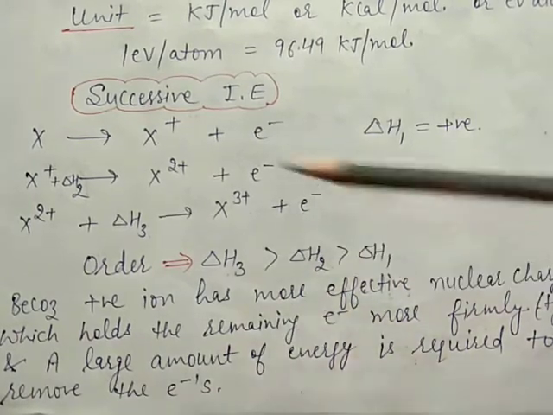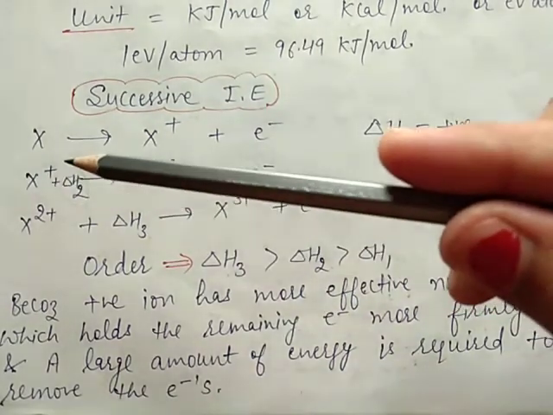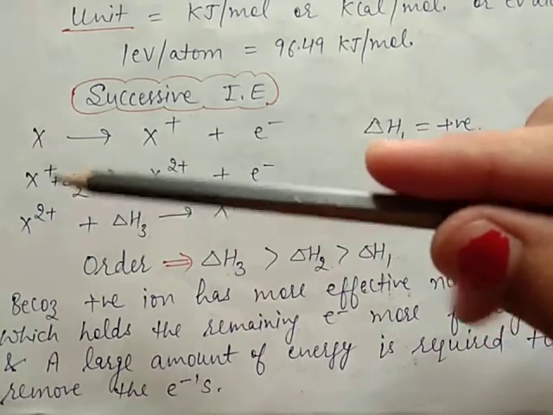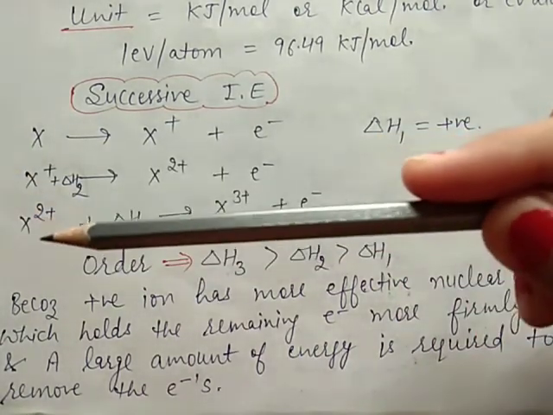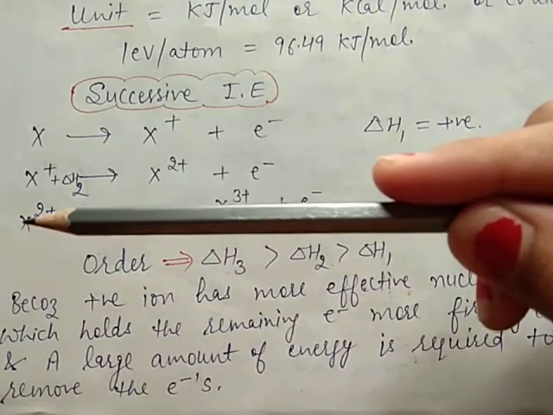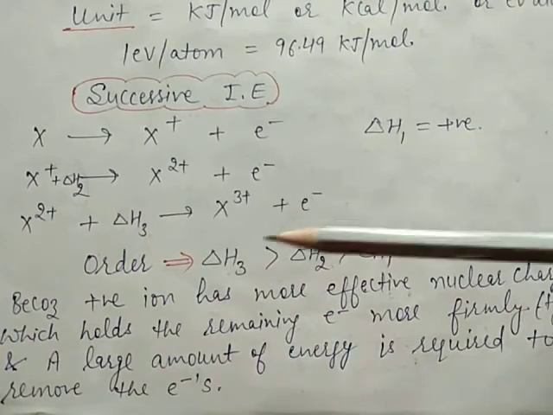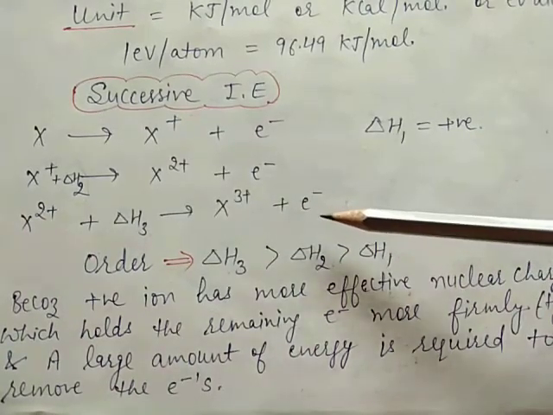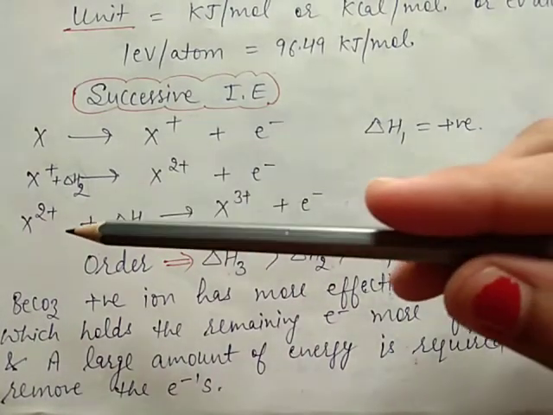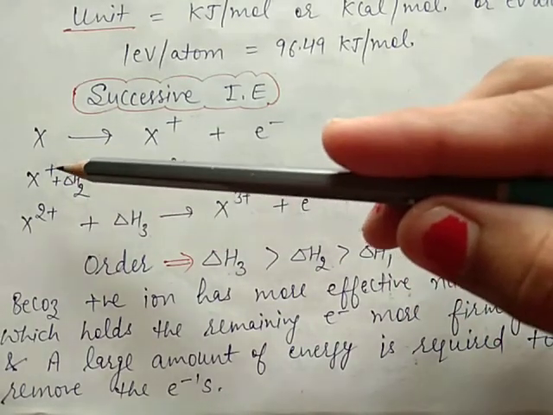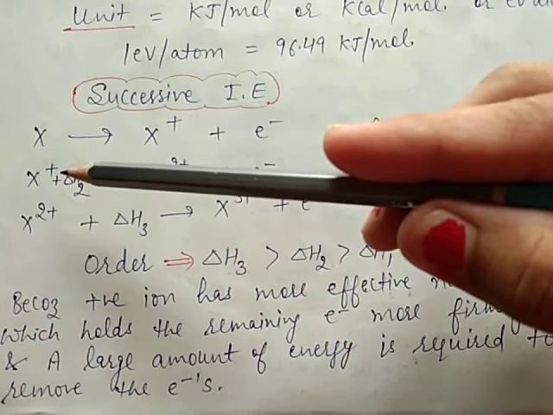The second ionization energy involves X plus and the third ionization energy involves X2 plus. Bipositive ions hold the electrons more tightly, so it requires more energy to remove the electrons. So its ionization enthalpy is higher than unipositive ions.